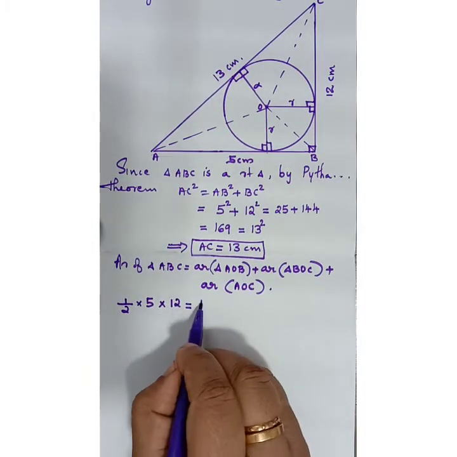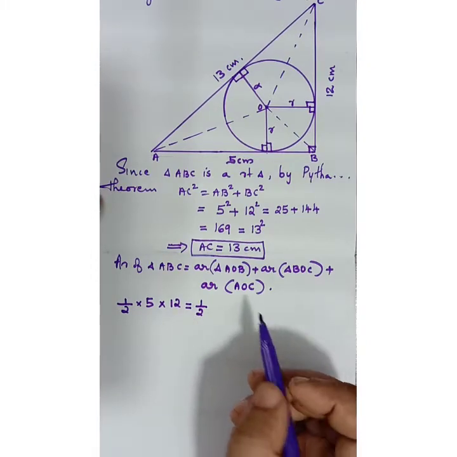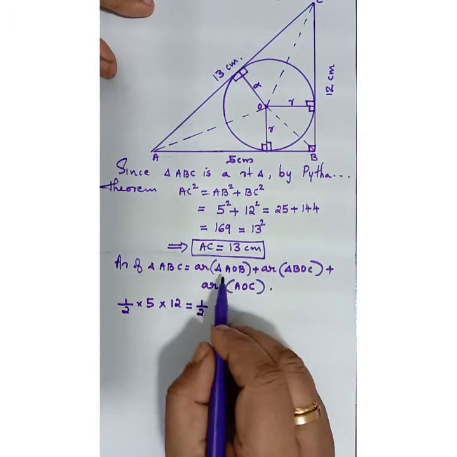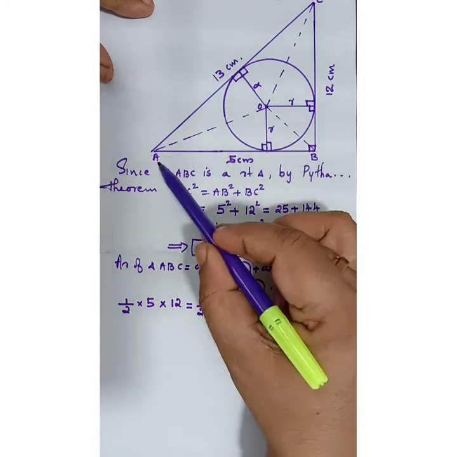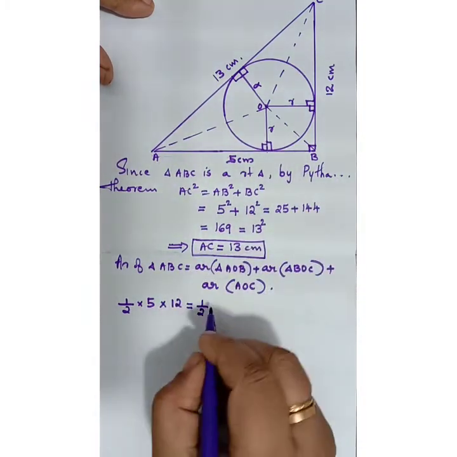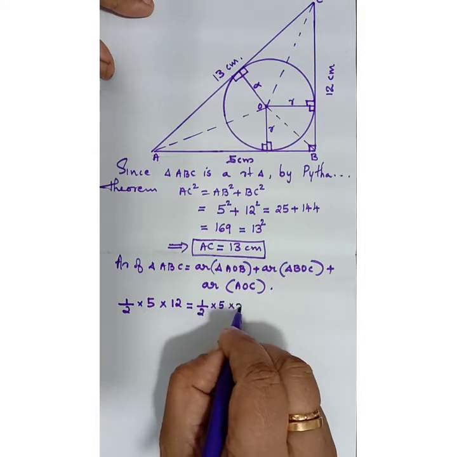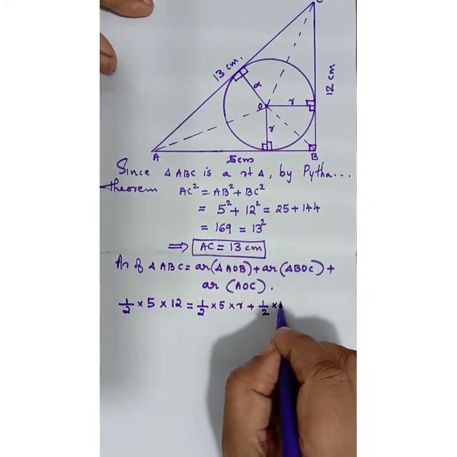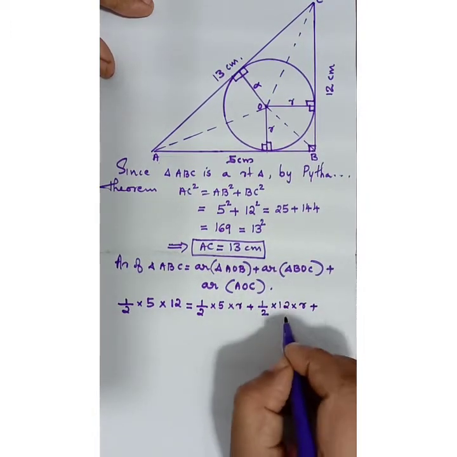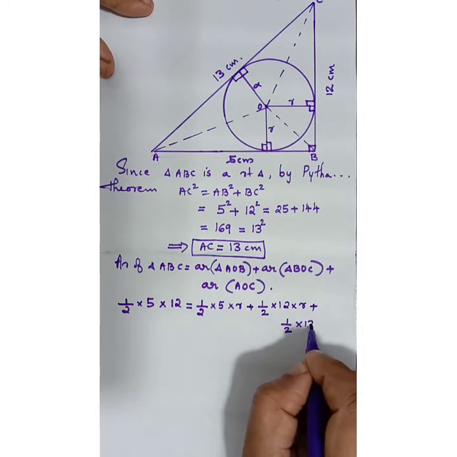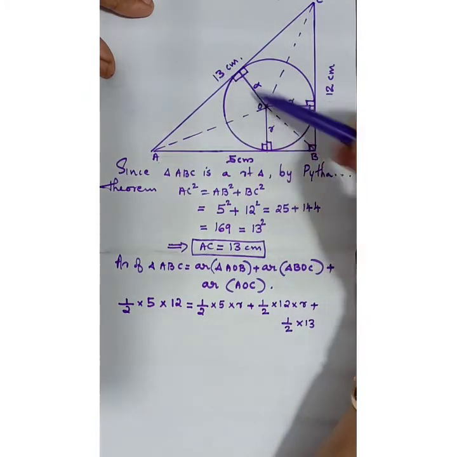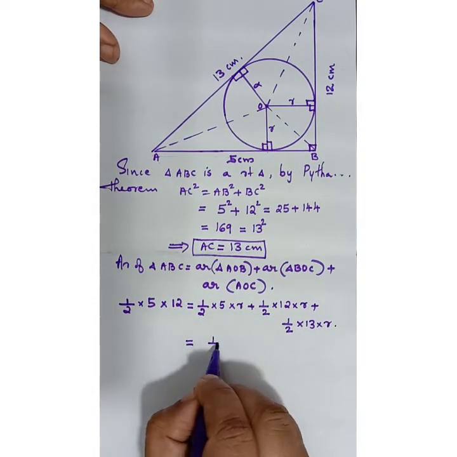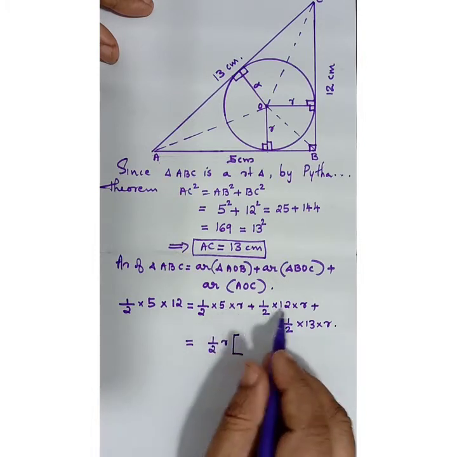That is equal to, similarly using the half base into height formula for area of AOB, area of BOC and area of AOC: area of AOB, half into base 5 into radius R, plus for BOC half into base 12 into height R, plus next half into base 13, that is triangle AOC, into radius R. This is equal to half into R, which is common in all three cases.